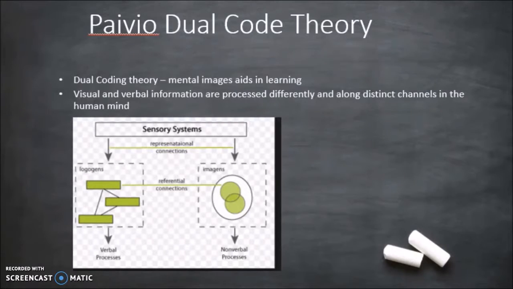As we go through this review, please keep Paivio's dual coding theory in mind. Paivio's theory stated that visual and verbal information are processed differently and along distinct channels in the human mind. The theory assumes that there are two cognitive subsystems, one specialized for the representation and processing of nonverbal objects, and the other specialized for dealing with language.